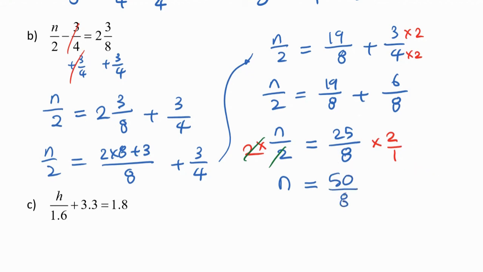So the answer is 50 over 8. But we're not done yet. We're going to reduce it by dividing both the numerator and denominator by 2. And that will be 25 over 4. So n is 25 over 4. If you change this to a mixed number, that will be 6 and 1 over 4.